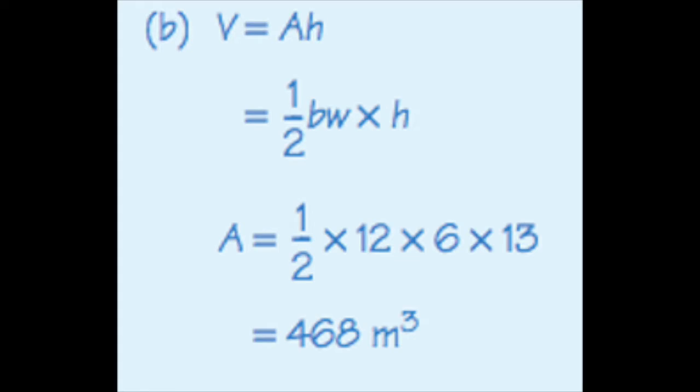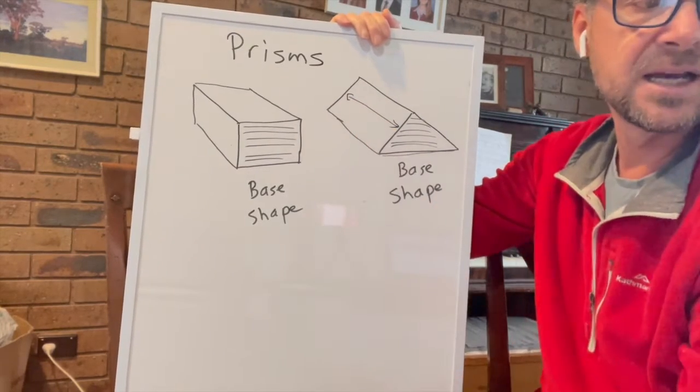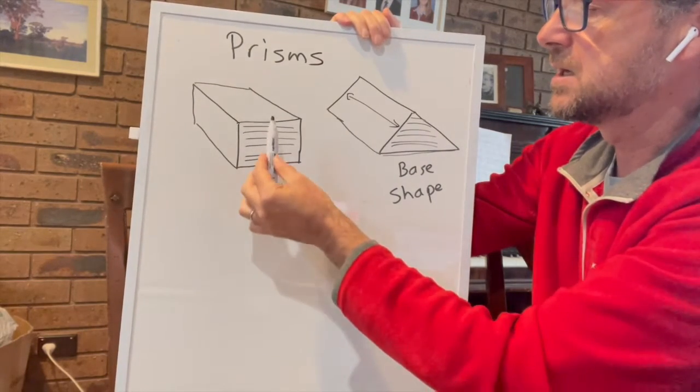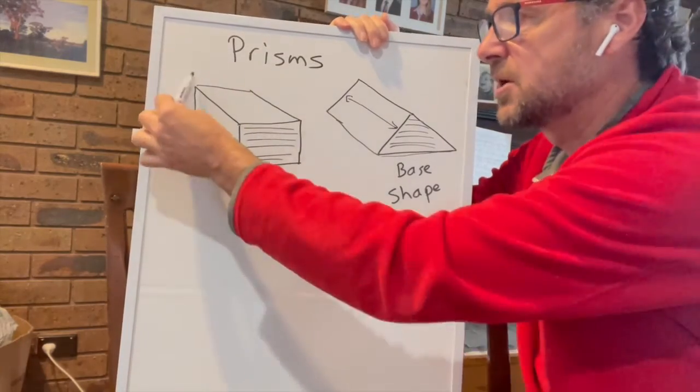Find the area of the triangle, and then you're just multiplying it by the distance that we see here, the depth of the particular shape. So in this one here, you'd find the area of a rectangle and then multiply it by the depth.